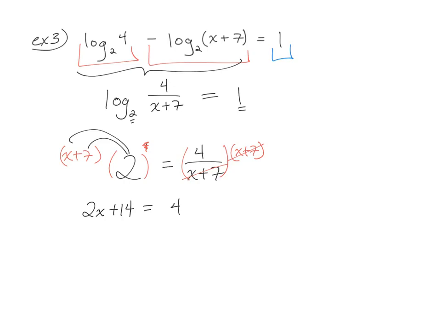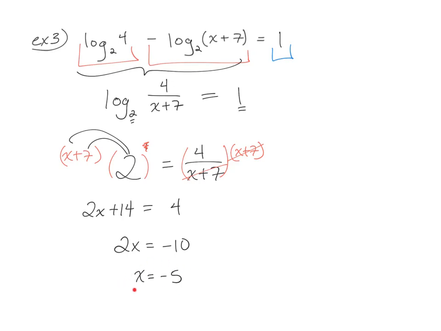We can subtract 14 from both sides. That'll give us 2x equals negative 10. And then we can divide by 2. Dividing by 2 would give us x equals negative 5.